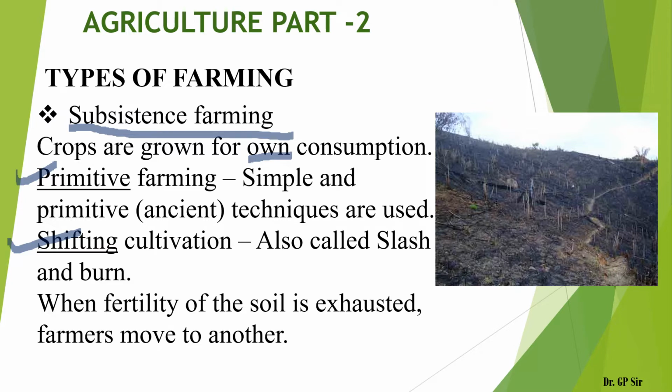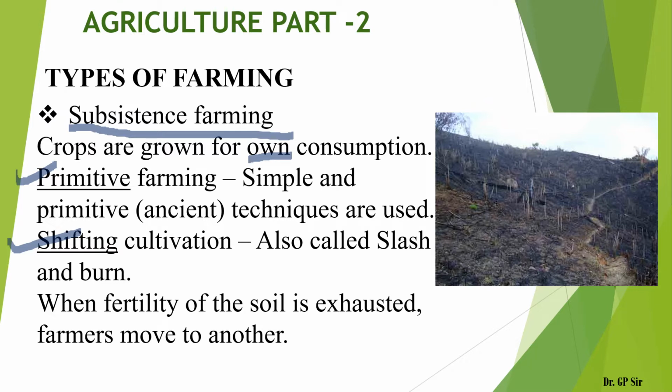In the same way, when we talk about primitive farming, it's an old method where simple and old technologies were used. Definitely you don't expect tractors even now. They don't use tractors, only ox or oxen, wooden plows, plowing machines. Those things only they might have used. That is primitive farming.